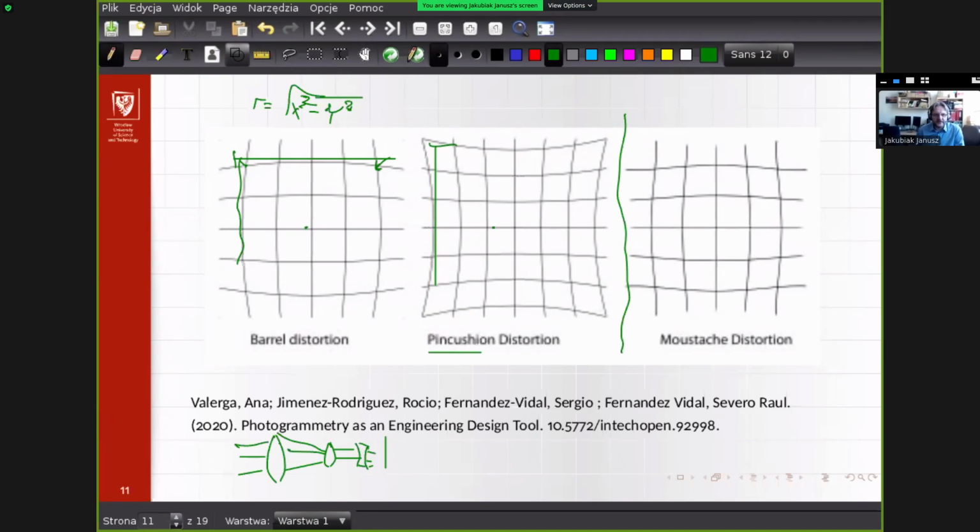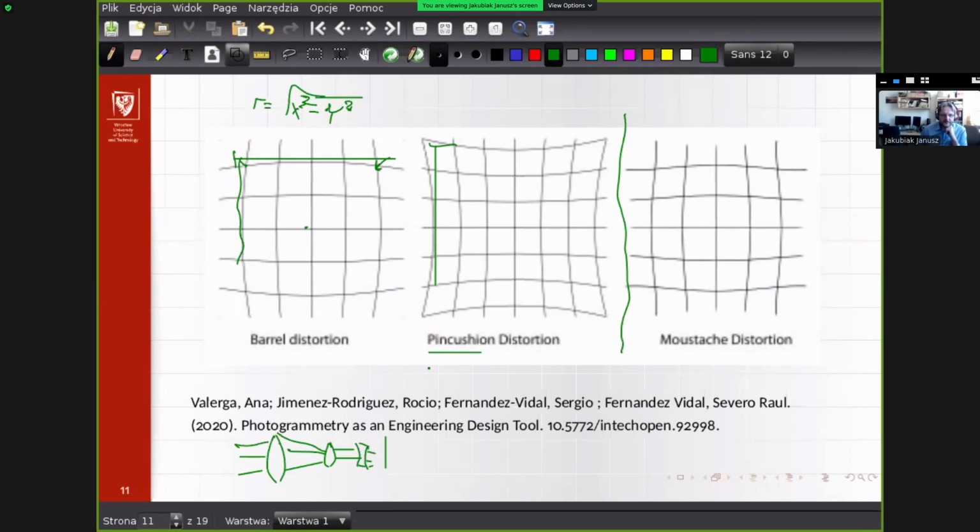So there are some methods to apply corrections for these two. This one is a little bit more difficult. It's called the mustache distortion, which is a combination of the two of them, when you have a partial barrel distortion in one area and a kind of pincushion distortion appearing in other areas of the image. That becomes more difficult.